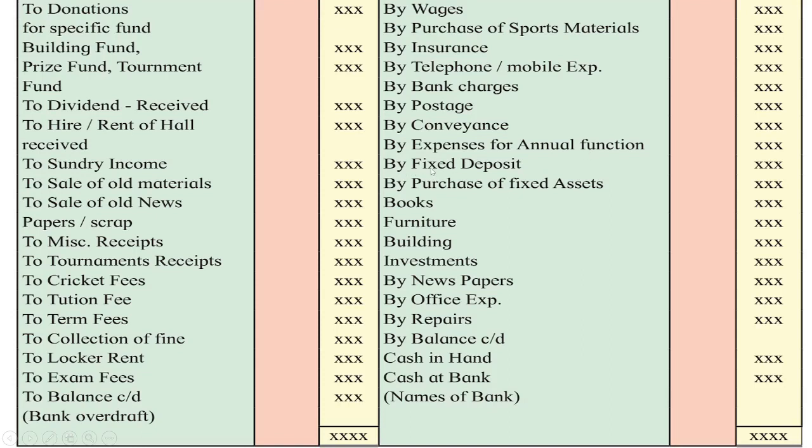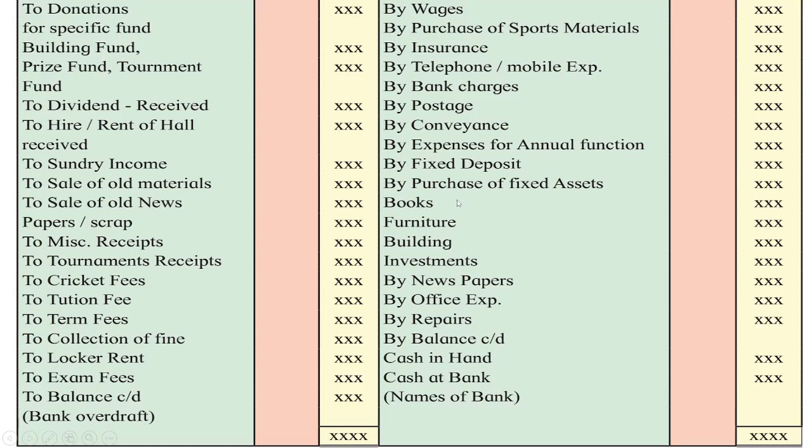Thereafter, fixed deposit. See, fixed deposit is one kind of asset, hence transfer to the asset side. Thereafter, purchase of fixed assets. See, fixed assets like books, furniture, building, investment. These are capital expenditure, hence transfer to the asset side.